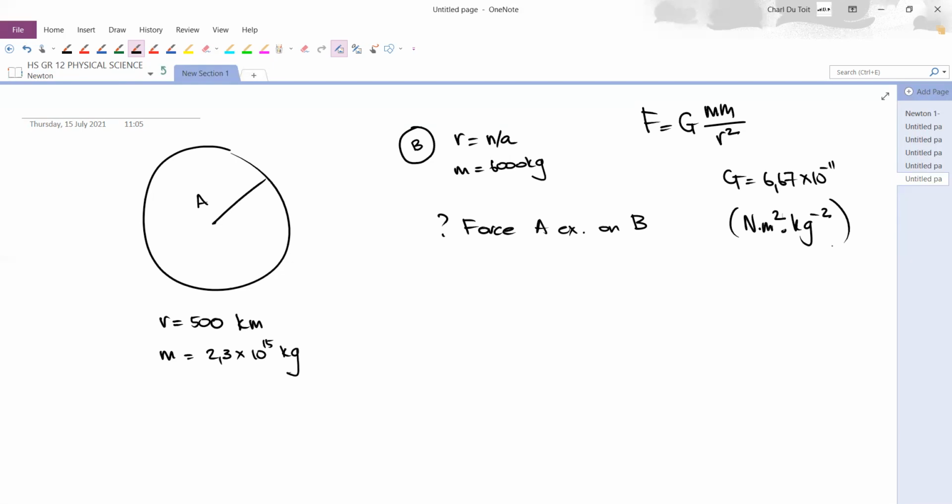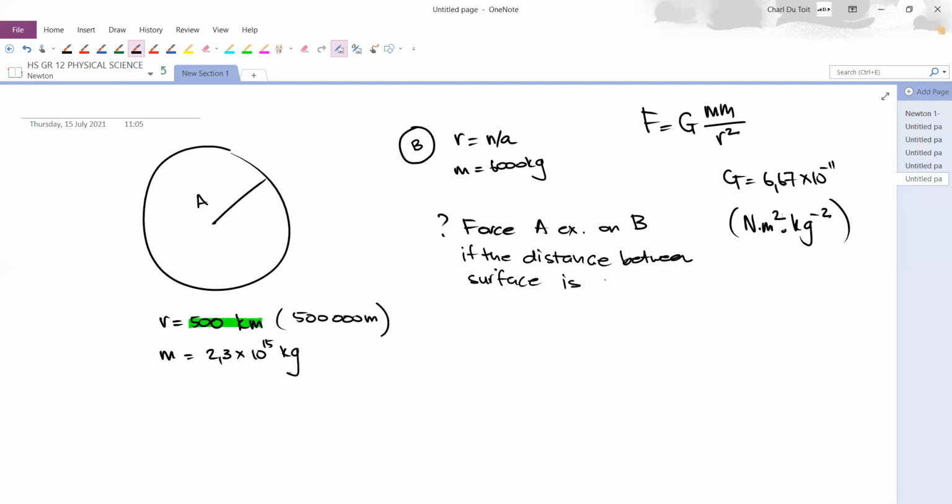So you want to convert this 500 kilometers into meters, which is very easy actually. It's just 500,000 meters. Okay, now, what is the force that A exerts on B if the distance between their surfaces, the surface of the two objects, is what?